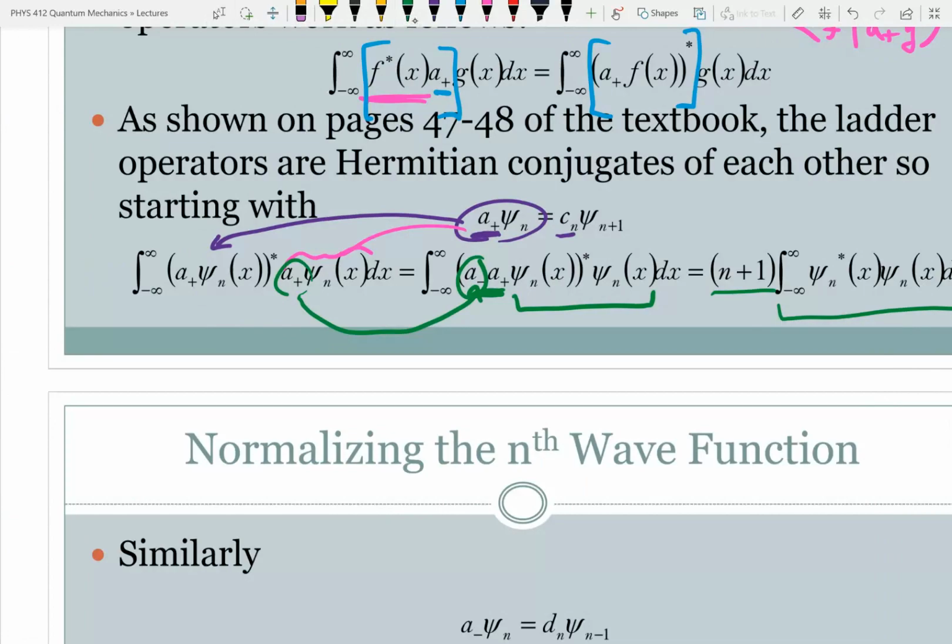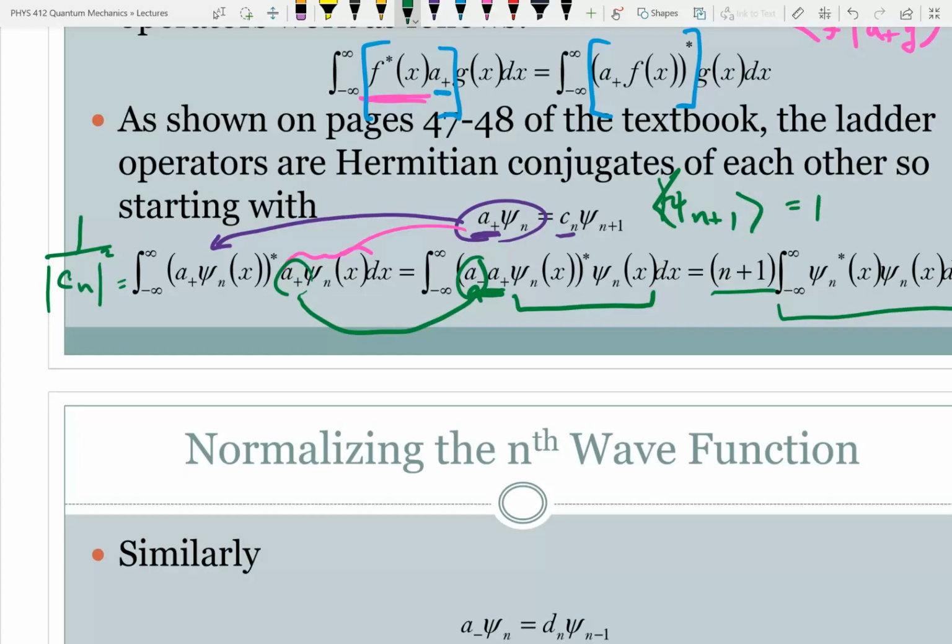Whoops. That's not equal to 1. It's equal to Cn mod squared. Did I do that right? I'm thinking really clearly suddenly. I want to show that psi n plus 1 has, shall we say, an expectation value of 1.